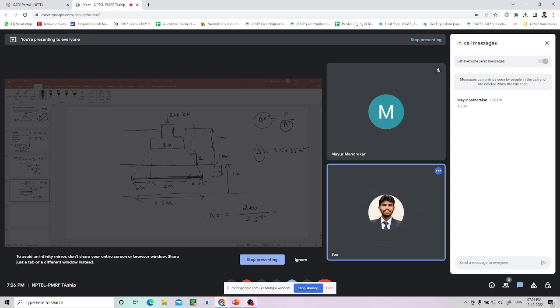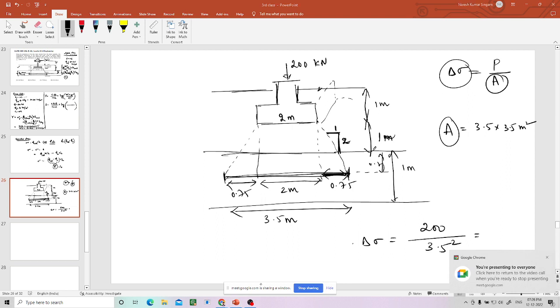Correct. 16.326, okay. 16.326 kilonewton per meter square. This is the delta sigma. You have sigma with you.